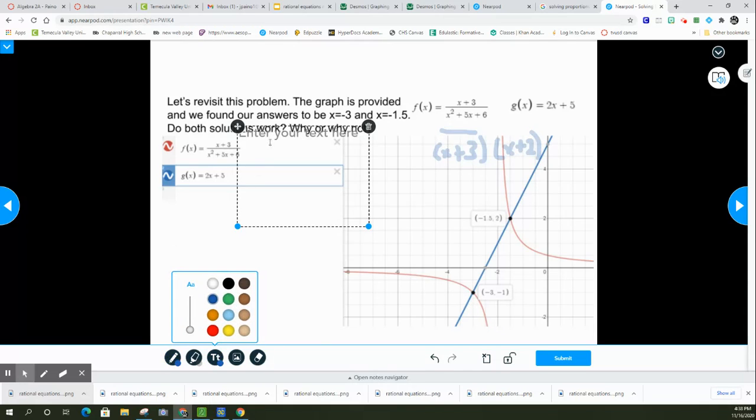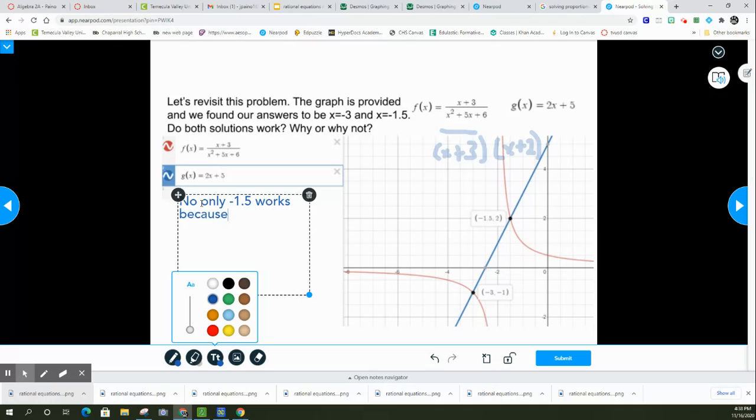If I type this in here, do both solutions work? No, only negative 1.5 works, because x equals negative 3 is a hole in the rational function.